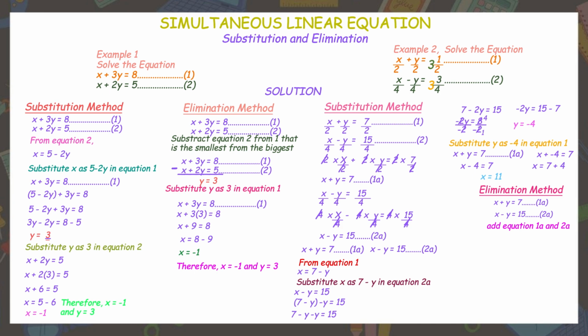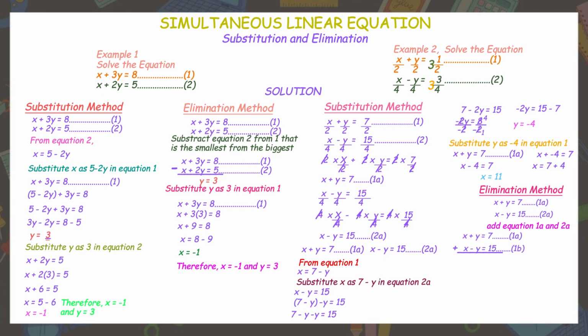So the interpretation of that is x plus y, which is equal to 7, x minus y, which is equal to 15. This one is equation 1a, and this is equation 2a.